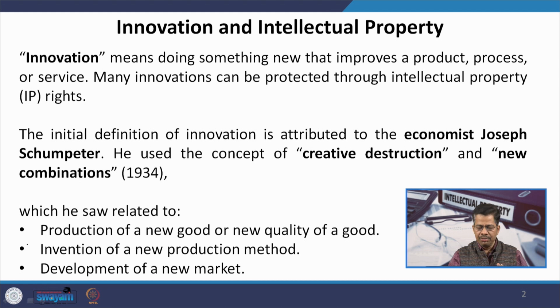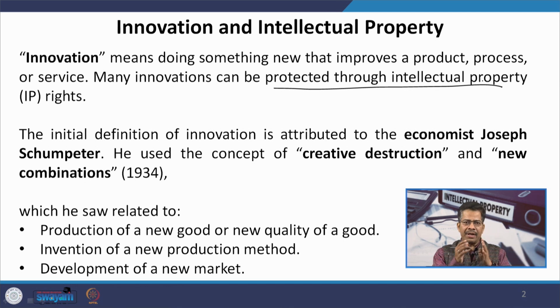You see how companies like Google, Facebook and many other social media organizations are making money. That is also innovation. So, innovation is possible in different types of spheres, and when you have innovation, it can be protected using different types of intellectual property rights. Different IPRs we have already understood. Now, when we are trying to monetize innovation, intellectual property right is an intermediary step.